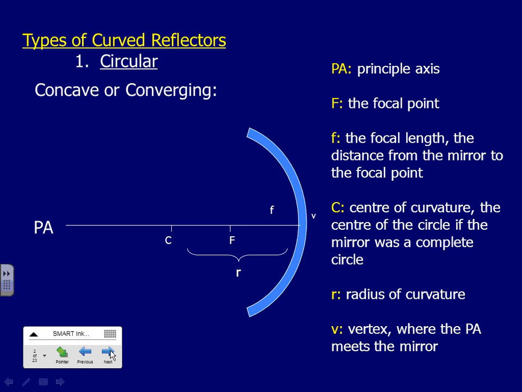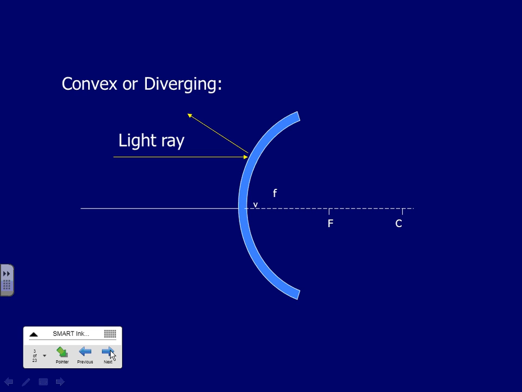Let's now talk about the second type that you can have. These are still circular, and I'm advancing the PowerPoint, but you can't see that. It's okay. And this is going to be convex. Convex, or they're also called diverging mirrors.